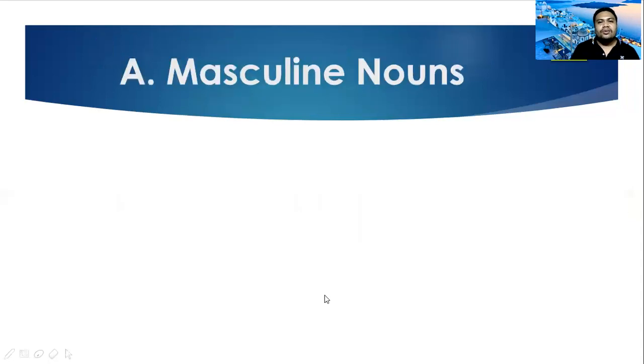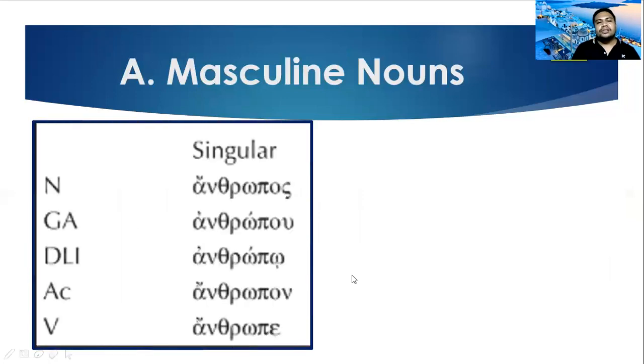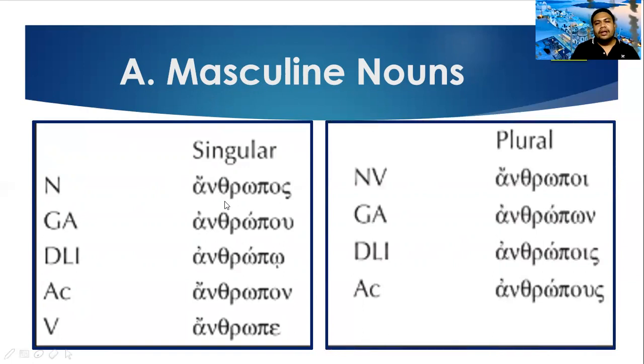All right, so let's take a look at the masculine nouns. For example, the noun anthropos. Anthropos is in its base form and it is also the nominative singular form. Let's read. We have the genitive, ablative. Let's read all together.